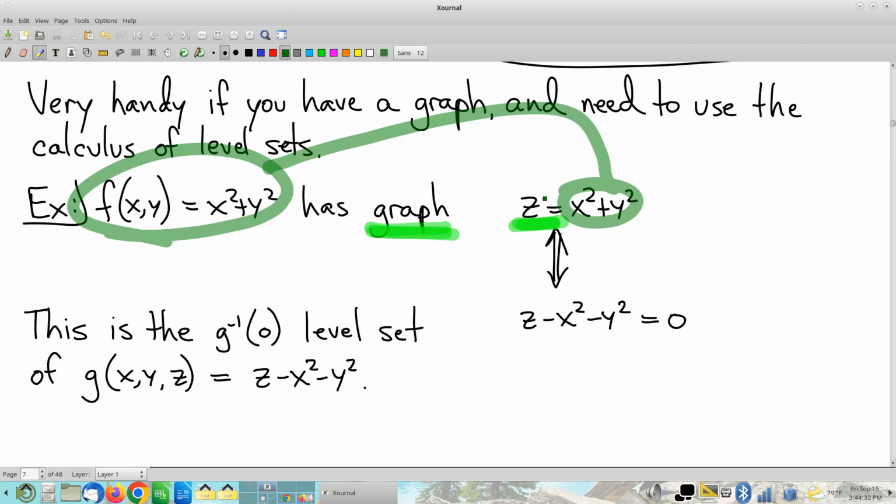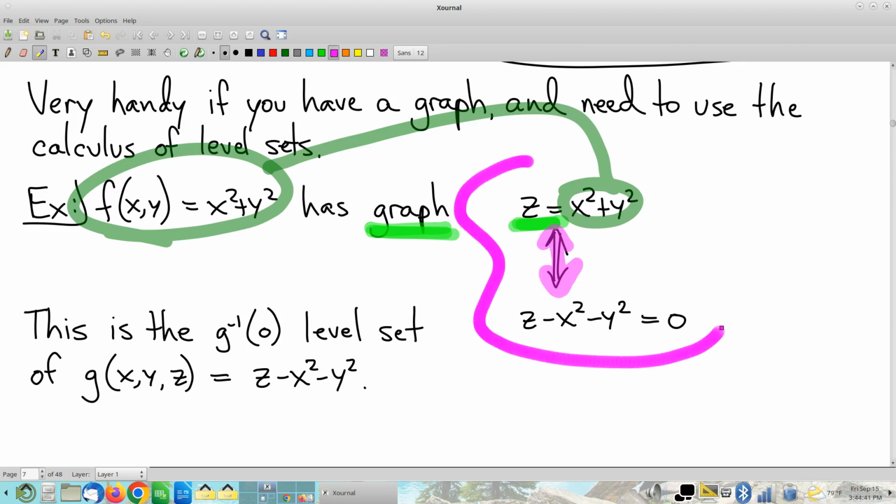That will tell me some information. But another thing I can do is pull this move. This is the exact move from above. I can rewrite the equation. Now, again, barely anything happened. Doesn't seem like this would be helpful, but I have now rewritten this as a level set.